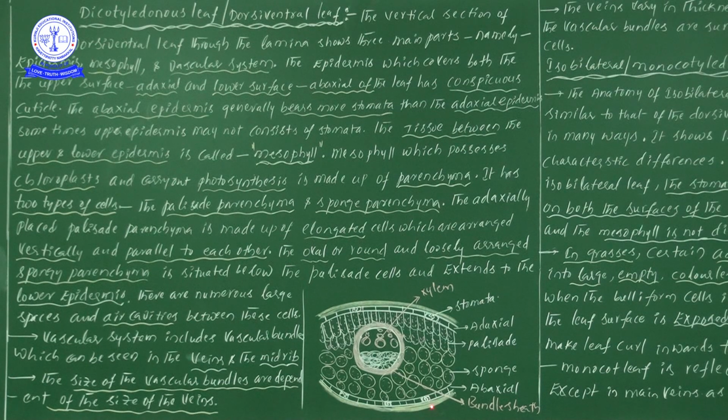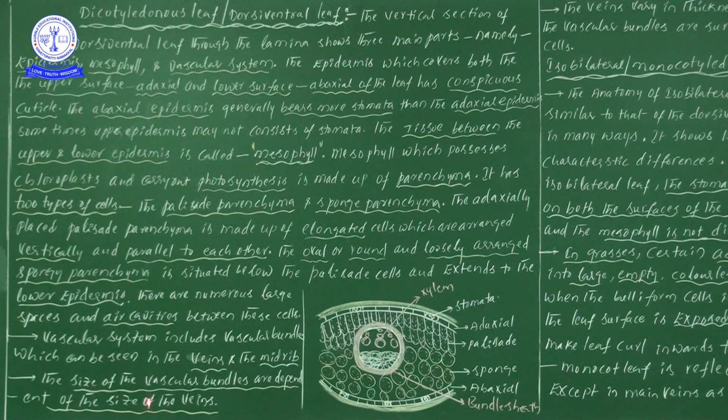In the leaf, the organ for exchange of gases is definitely the stomata, which helps in exchange of gases and transpiration. Likewise, the empty spaces between these cells we consider as air cavities.